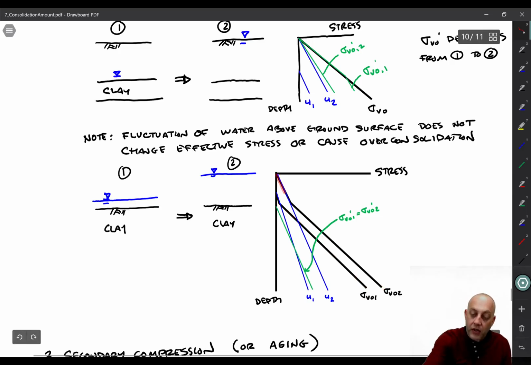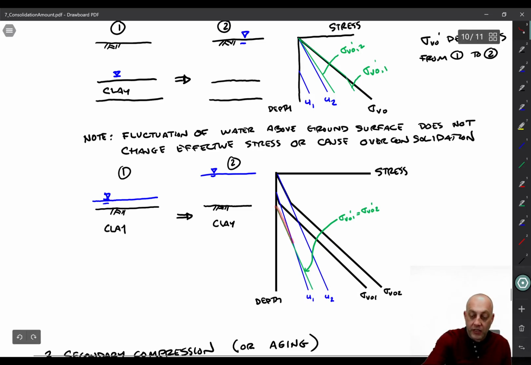Then here's the water pressure for case 2. Notice that they're the same as the total stress up here above the ground surface within the reservoir or the standing water. Here's the water pressure for case 1. Still, it's the same in that region. Okay, and then the effective stress is sigma V naught minus U, and it turns out that the horizontal distance between sigma V naught 2 and U2 is exactly the same as the horizontal distance between sigma V naught 1 and U1 at every depth.